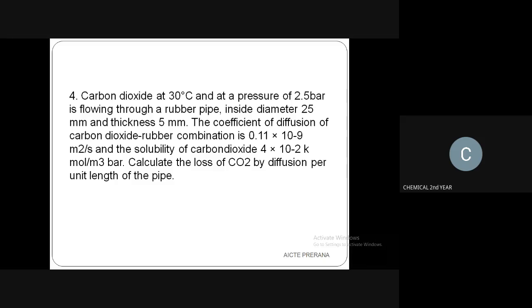There is some rupture which is happening in that rubber pipe. So it will stick to the rubber pipe, and the quantity of carbon dioxide passing through will obviously get decreased. Now we are going to calculate how much carbon dioxide has been lost from the initial value by diffusion per unit length of the pipe.